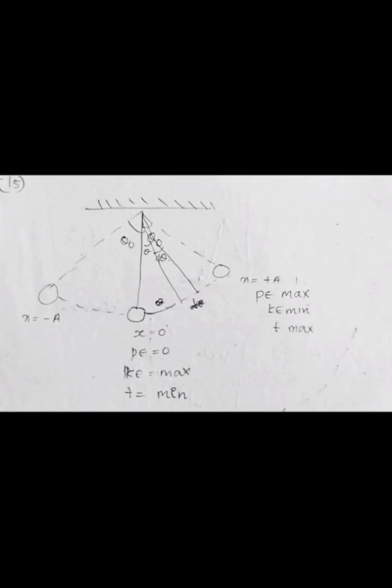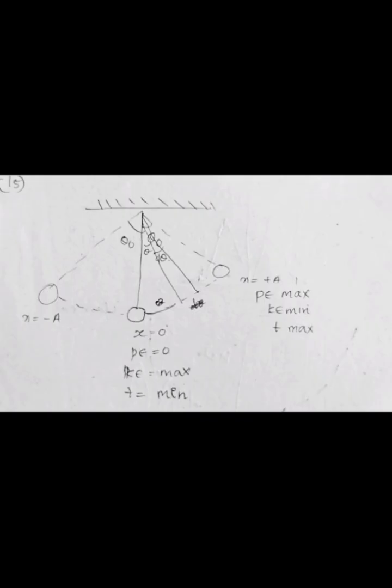Then at the extreme position, that is at x is equal to a and x is equal to minus a, the potential energy is maximum and the kinetic energy is minimum, and there the time is maximum. Here we need to find the time spent between theta and theta plus d theta.